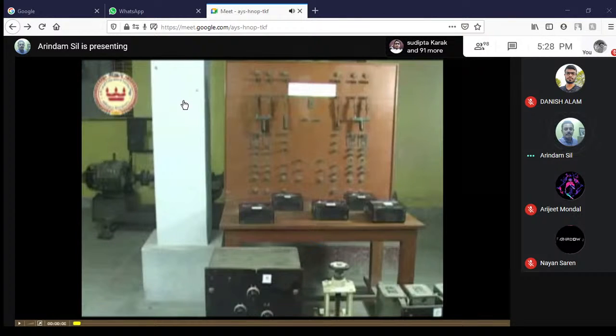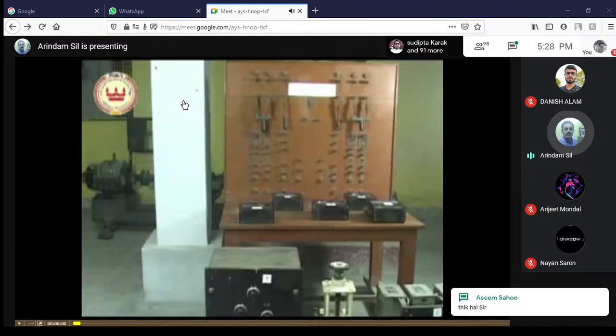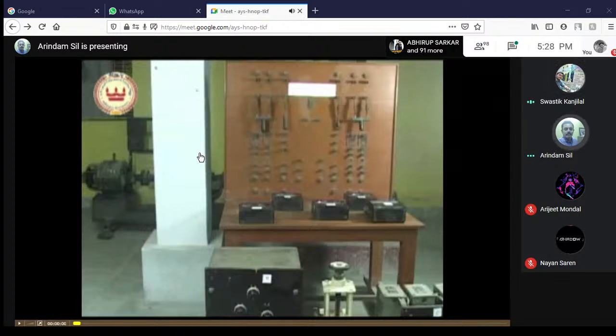How many items were there which are connected in series? Load box, inductor and the capacitor. That's it. Sir, voltmeter and ammeter also in series.